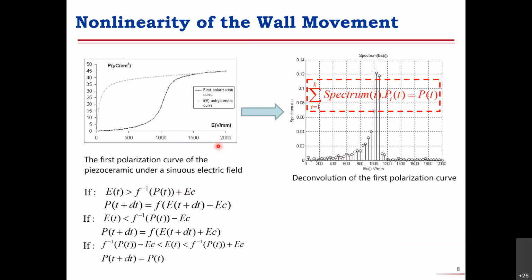And to get its parameters, we make the deconvolution of the first polarization curve, and we got a spectrum. The first polarization curve is this curve, and that means we apply a very high electric field to the piezoceramic, and we get this model.